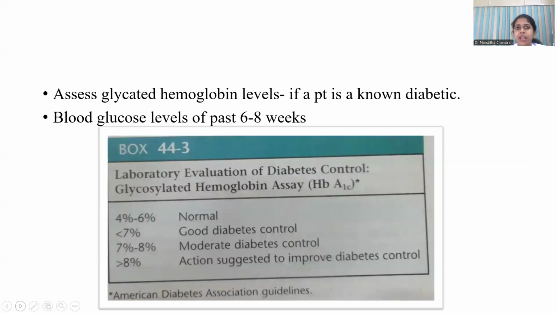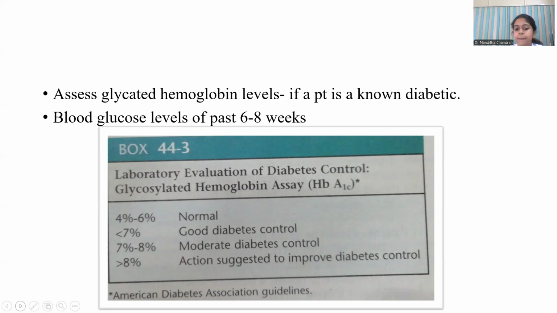Now, I've told you something about HbA1c, or glycated hemoglobin. It is a test done in a known diabetic patient, and we want to check the past 6 to 8 weeks of diabetic control, for which we do the glycosylated hemoglobin assay test. The normal value is 4 to 6%, less than 7 is good diabetic control, and 7 to 8 is moderate diabetic control.